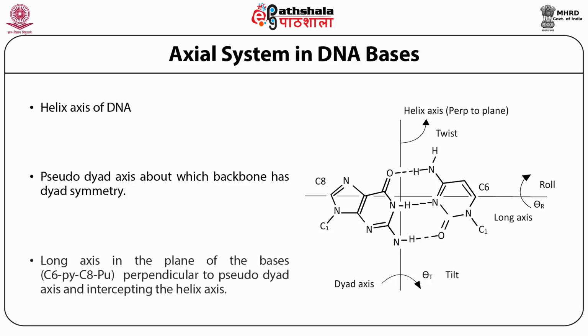Then we have a long axis which starts from C6 of pyrimidine to C8 of purine. So the three axes are helix axis, pseudo-dyad axis, and the long axis. And we define distortions with respect to these three axes.